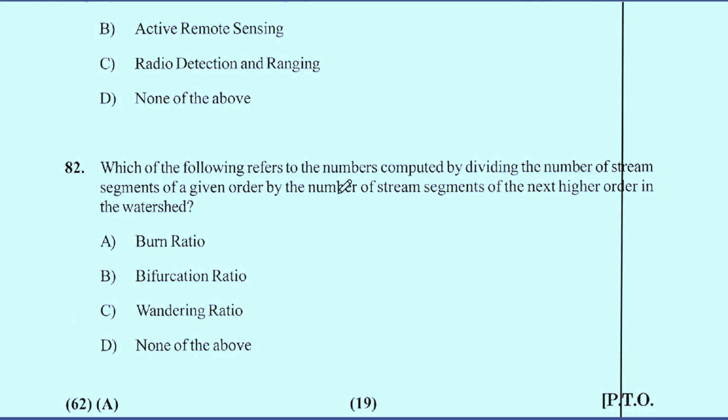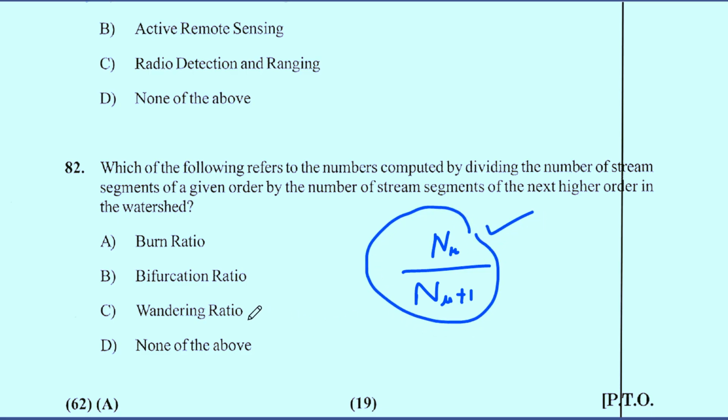The next question: which of the following refers to the number computed by dividing the number of stream segments of a given order by the number of stream segments of the next higher order? Suppose this is our first order and this is our next first order. Bifurcation ratio is given by this: the number of streams of an order divided by the number of streams of the next order.